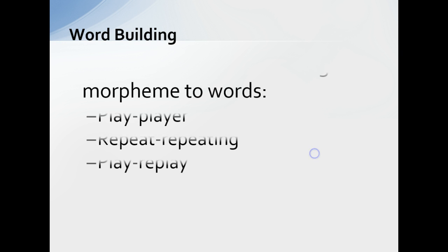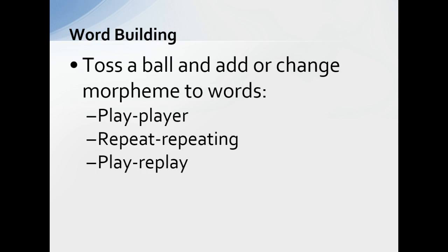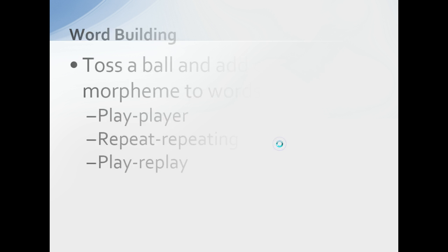So another activity you could do is to toss the ball around the room and have students add or change a morpheme to words. So you could start with the word play, and then someone changes it to player. Repeat, and you make it repeating. Play becomes replay. And that can really help students with morphology.